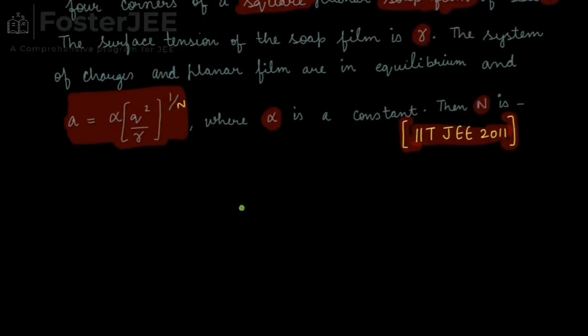We have four charges which are placed at four corners of a square.